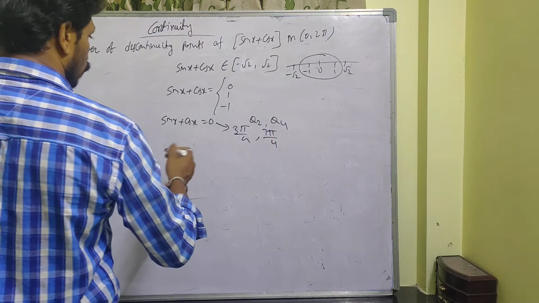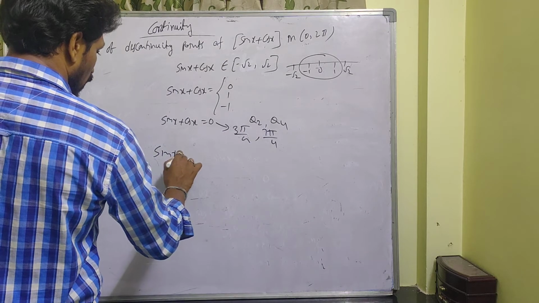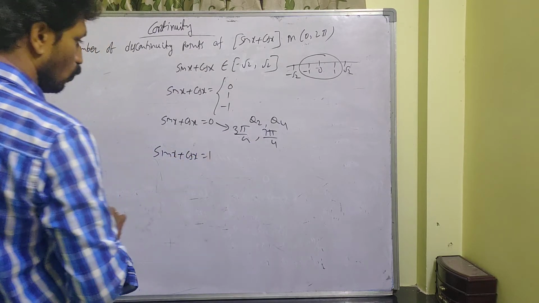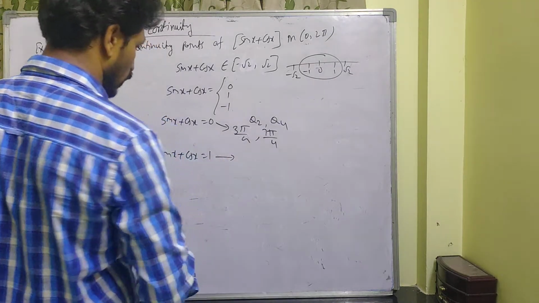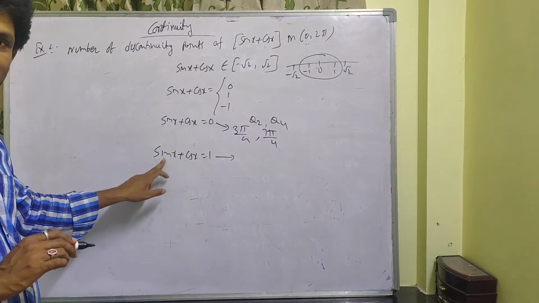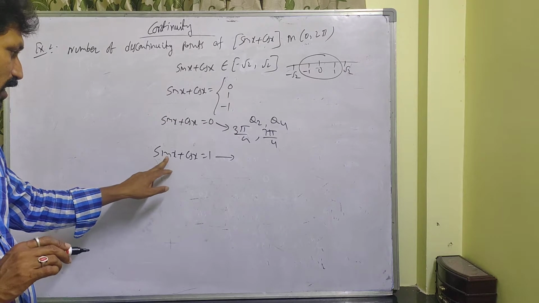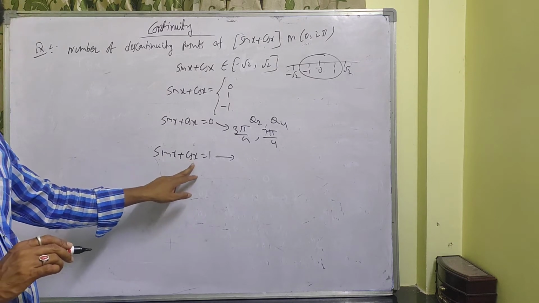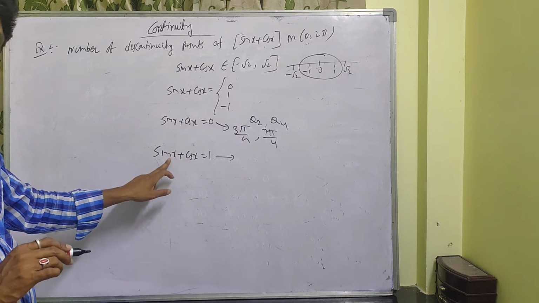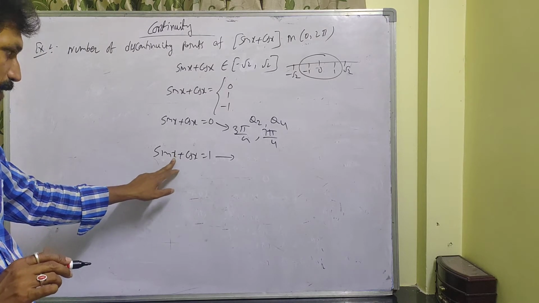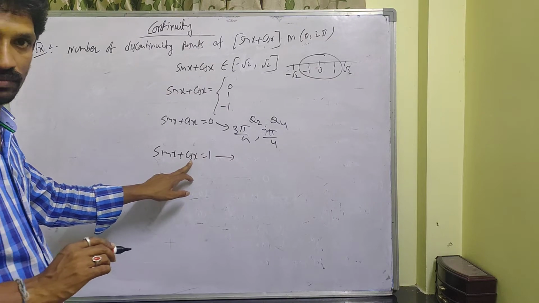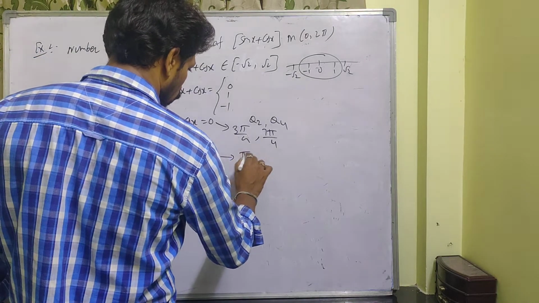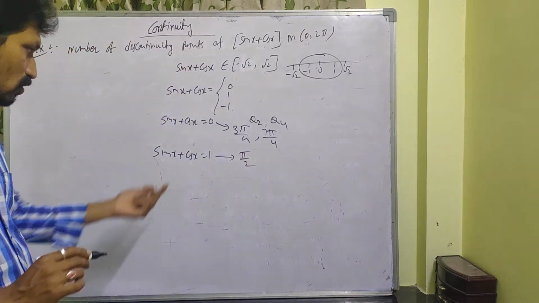Okay, next one. Sin x plus cos x is equal to 1. When sin x is 1, cos x is 0. That is possible at π by 2, where sin π by 2 is 1 and cos π by 2 is 0. So π by 2 is one of the values.